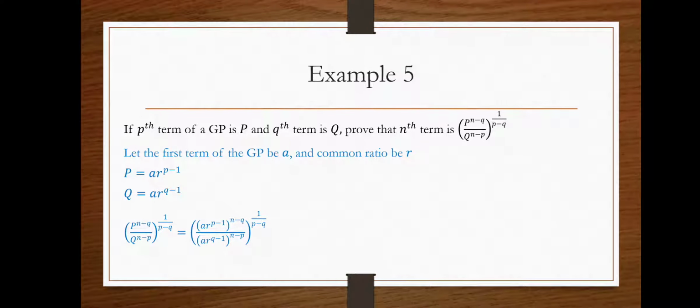If you go on solving, you end up with A r to the power n minus 1. Remember, A r to the power n minus 1 is basically the nth term, which proves our required statement.